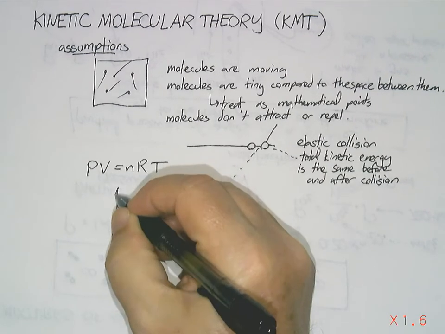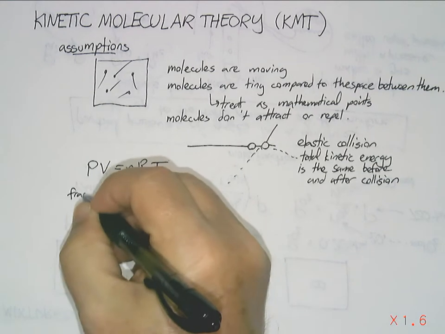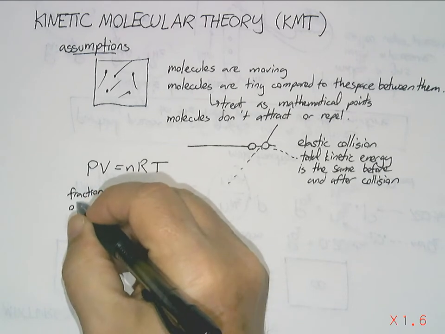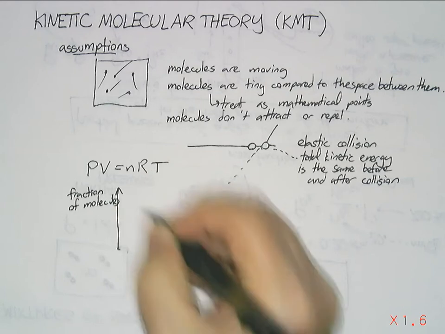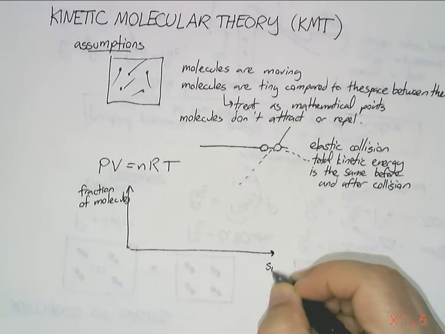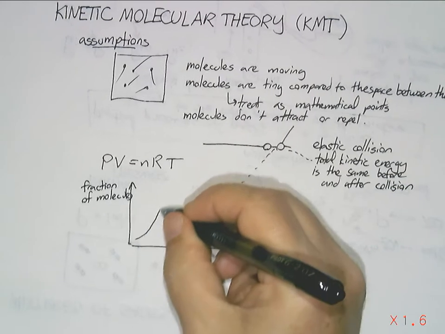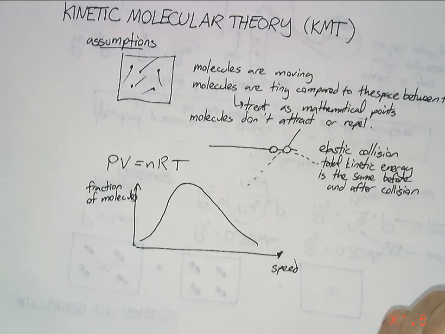Really, the molecules are moving at all different speeds. If you look at the fraction of molecules versus the speed, you get kind of a curve that looks like this. This is an exponential curve.